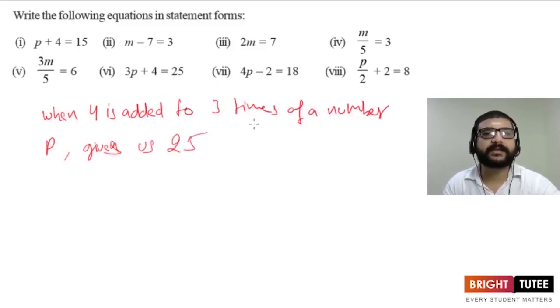When 4 is added to 3 times of a number p gives us 25. This is the statement representing the sixth equation given here.